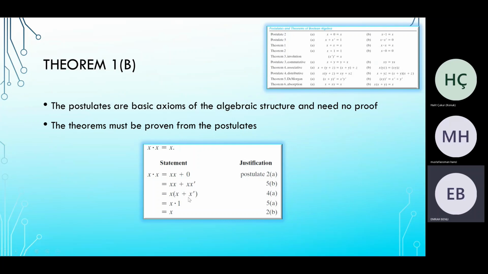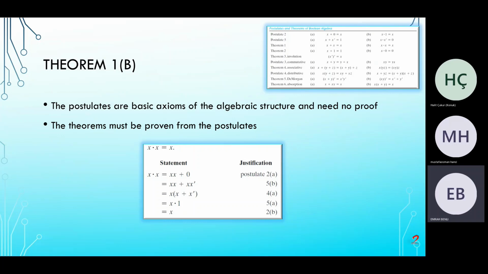What is x or x prime? From 5a, it is 1. So we can write 1 instead of this. X and 1 from 2b again. 2b, x and 1 will be x. So this is x.